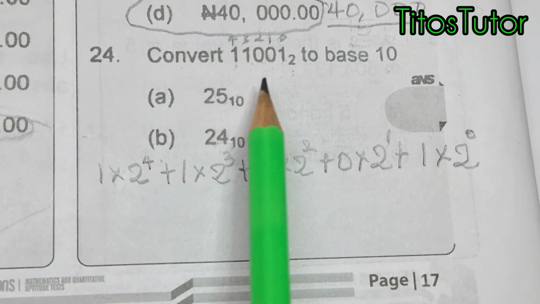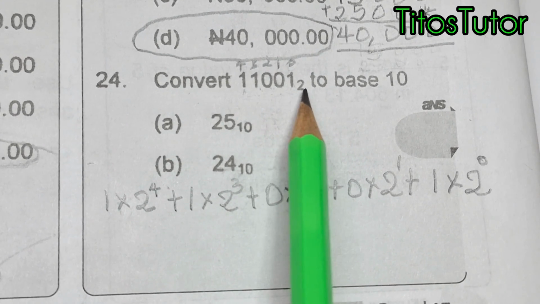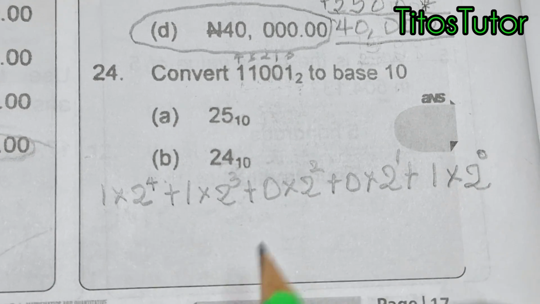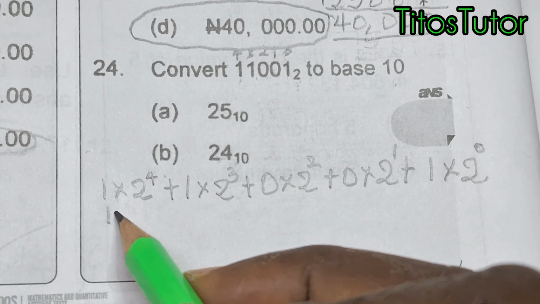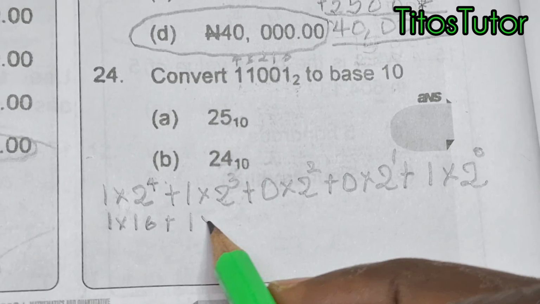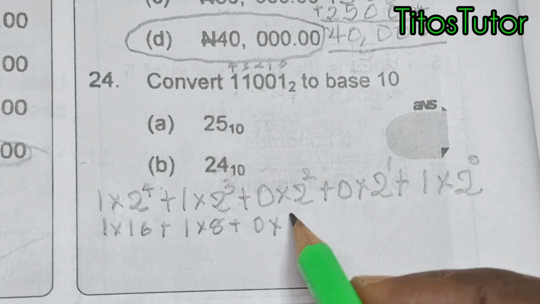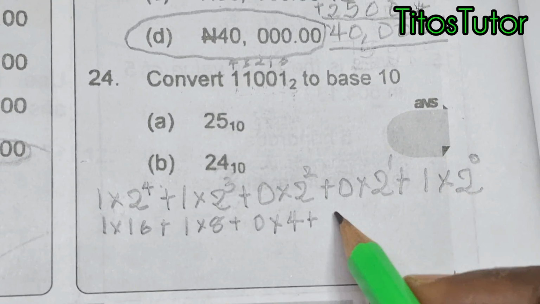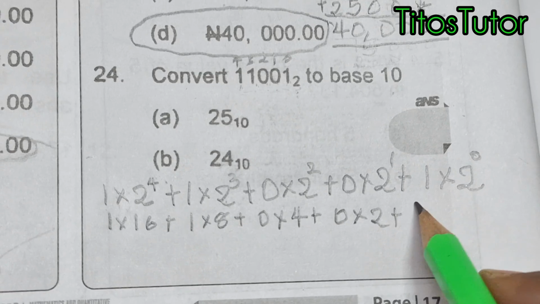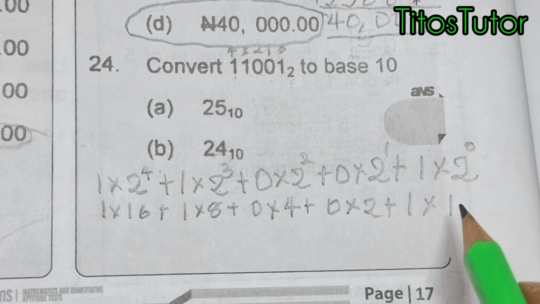So I have expanded this number in base 2 to the power of its base. Now it's time to solve. 2 raised to the power of 4 is 16. 2 raised to the power of 3 is 8. 2 raised to the power of 2 is 4. 2 raised to the power of 1 is 2. 2 raised to the power of 0 is 1, because anything raised to the power of 0 is 1.